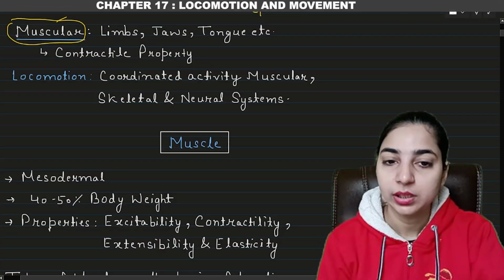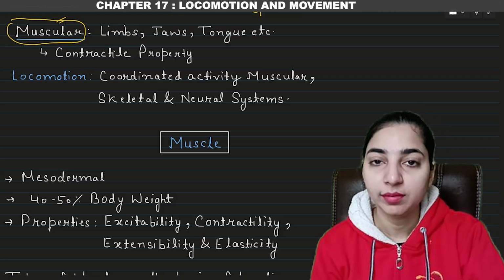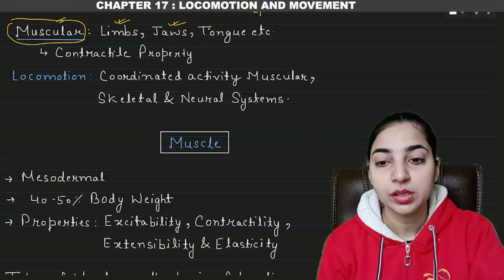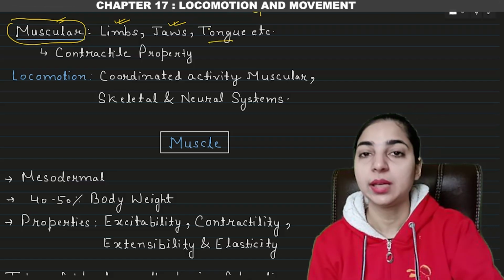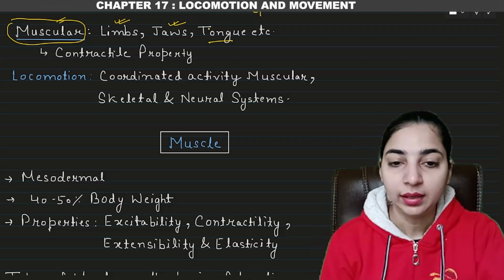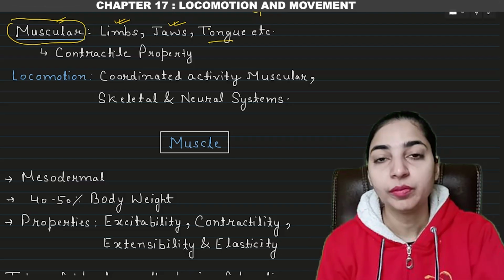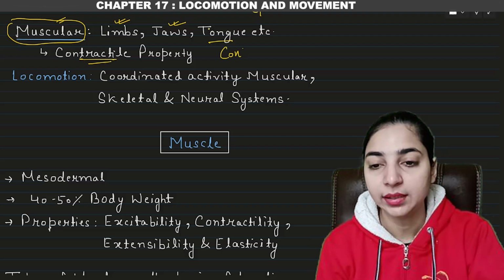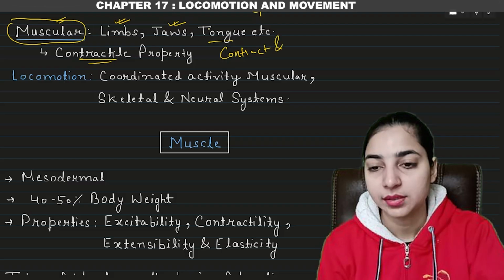Okay, so in muscular movements, the muscles of our body will be involved, like the muscles of the limbs, the muscles of the jaws, tongue, etc. All these things are made up of muscles. And the muscles of our body have a contractile property. That means they can contract and relax.